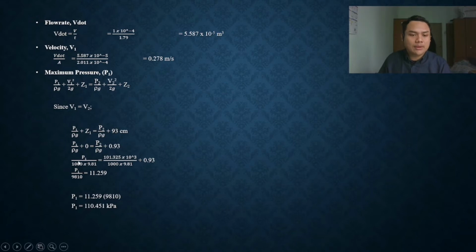So P1 over rho of water times gravity, and P2 that we consider as the atmospheric pressure over rho of density times gravity, plus the height that we recorded just earlier. After we solve the equation, we got our pressure is 110.451 kilopascal.